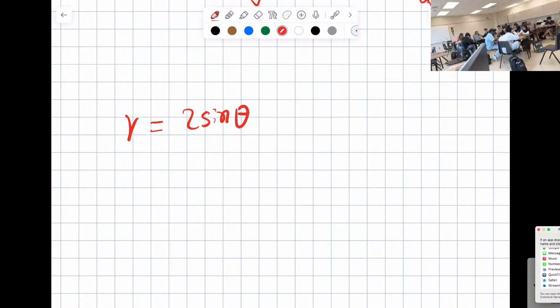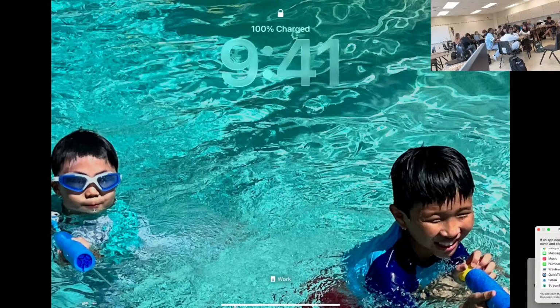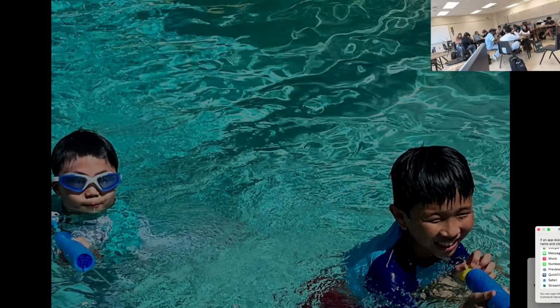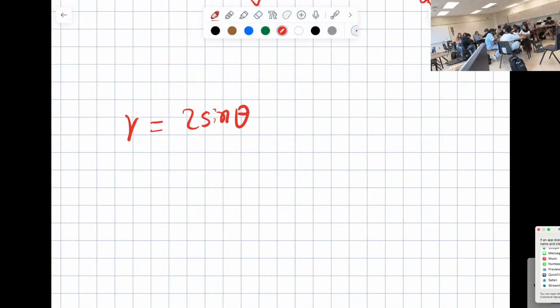Would it be a calculator question? You can evaluate without a calculator, but you can evaluate by calculator first and see if it's right. But I want you to do it without a calculator because it's a good review of certain things. Isn't it just 4?